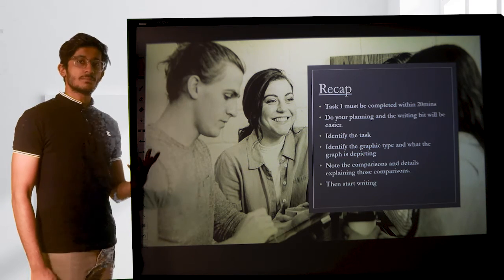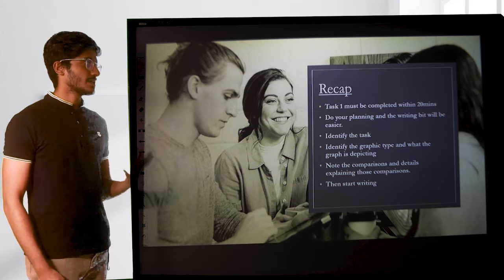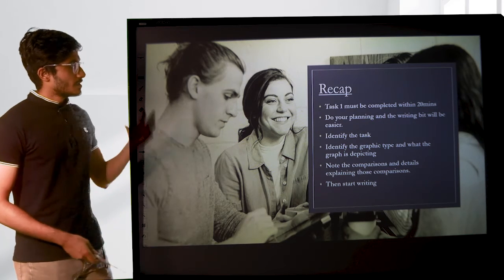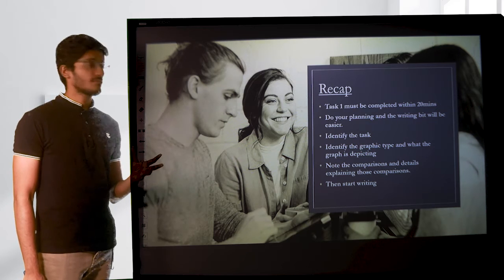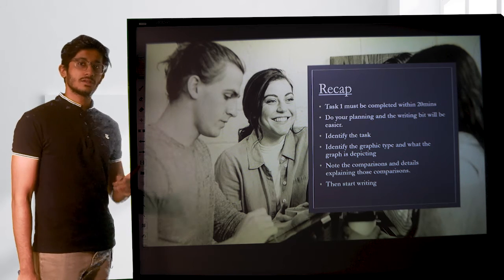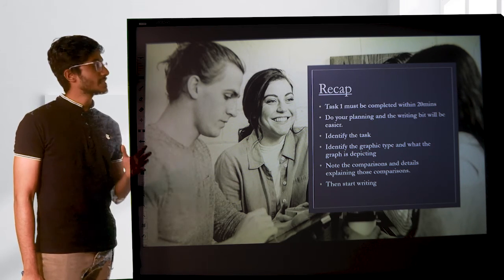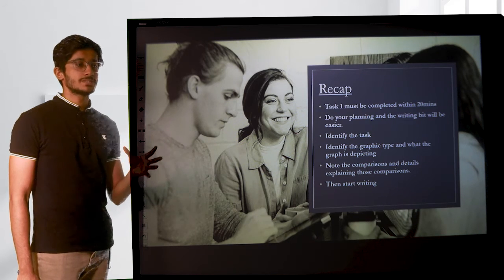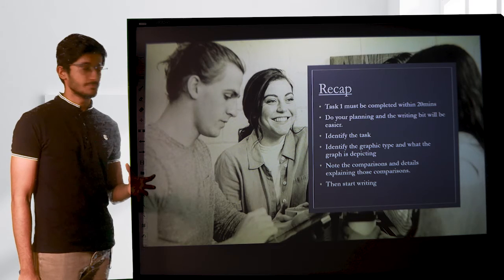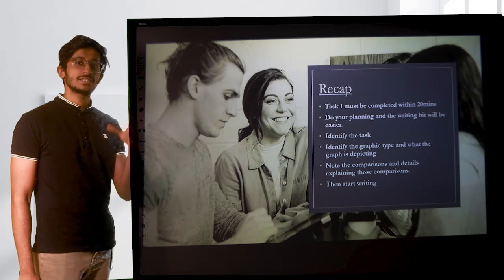So, to sum up what we have done till now, just to go over all the relevant important stuff: task 1 must be finished within 20 minutes. You have to do your planning, and if you do your planning properly, the writing part will be very easy. You have to identify the task.